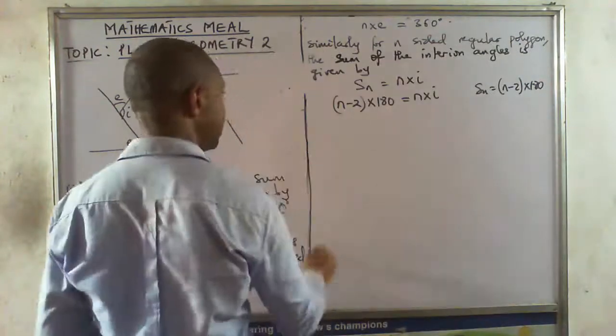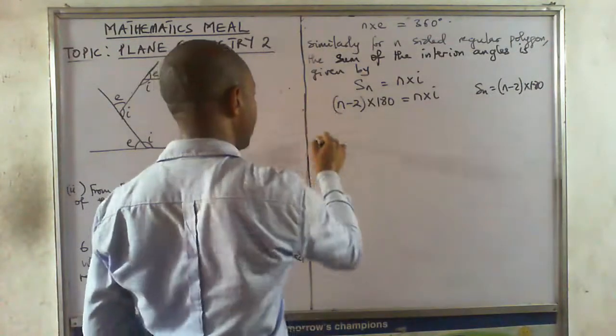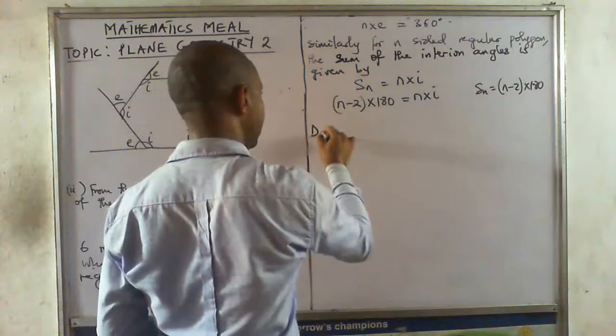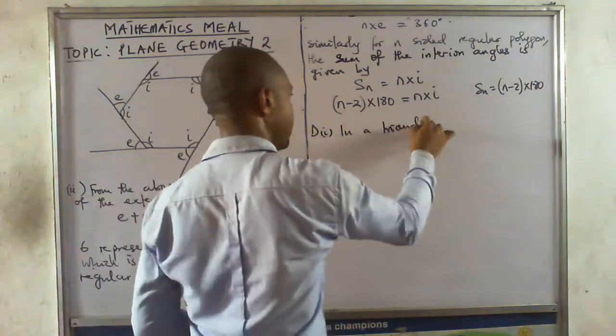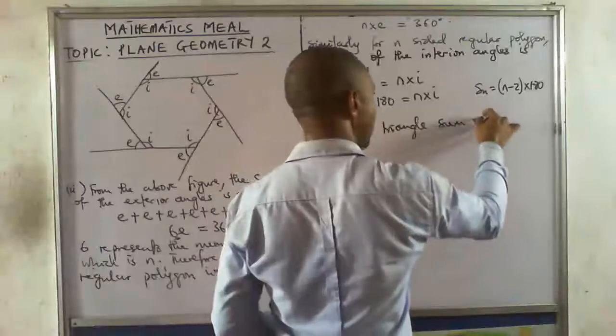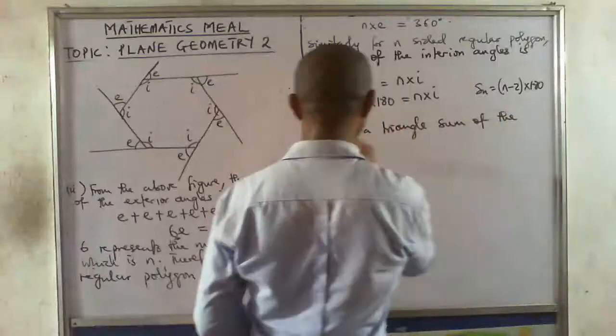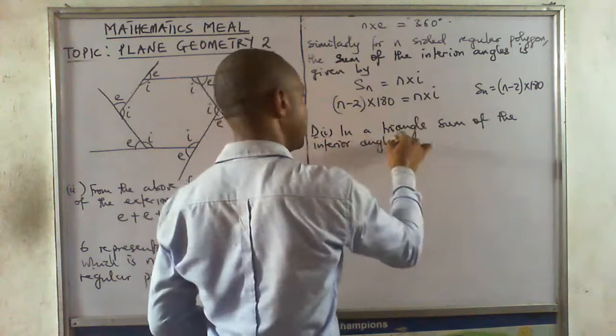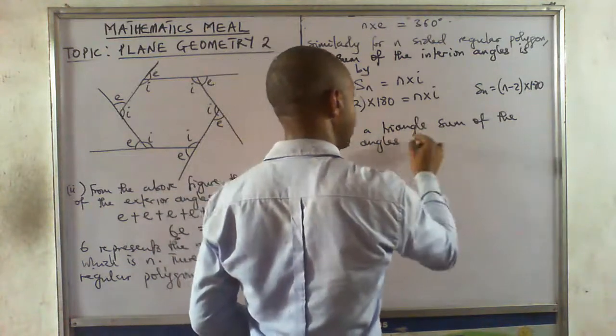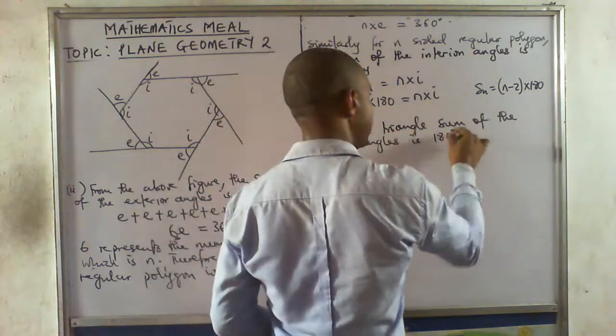We are on D. This one is specifically for triangles. In a triangle, the sum of the interior angles is 180 degrees.